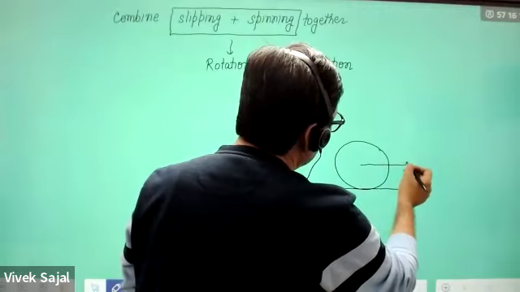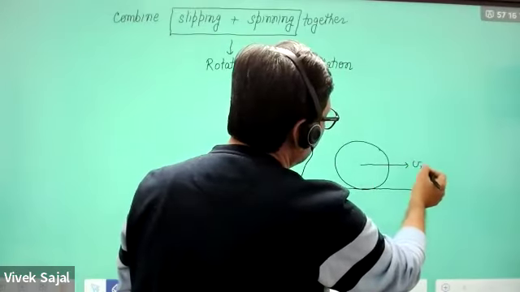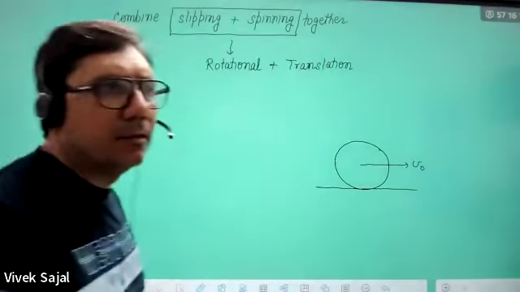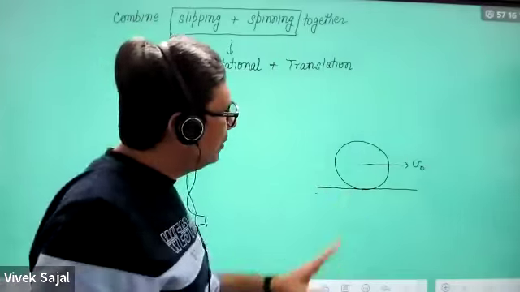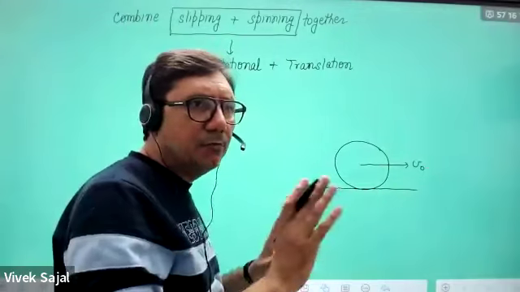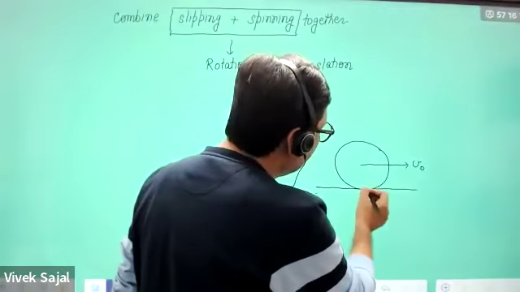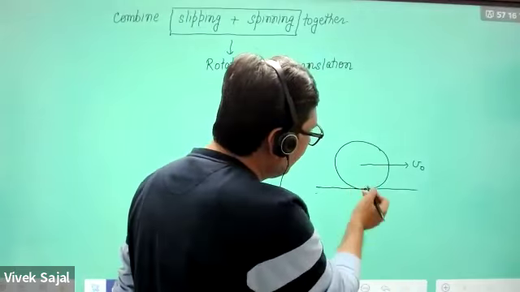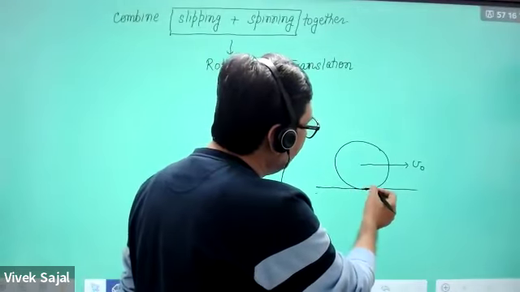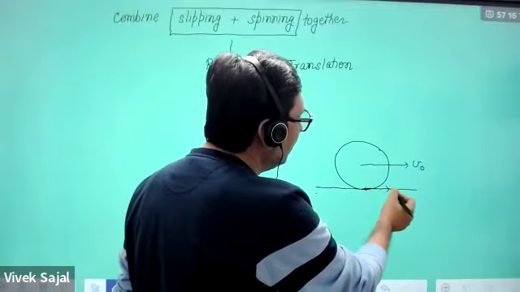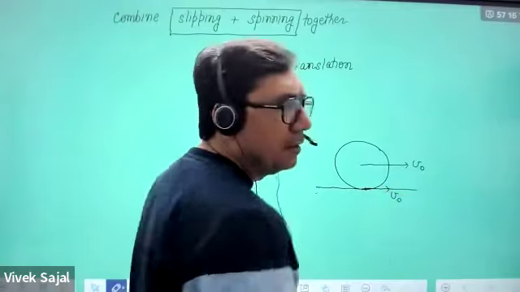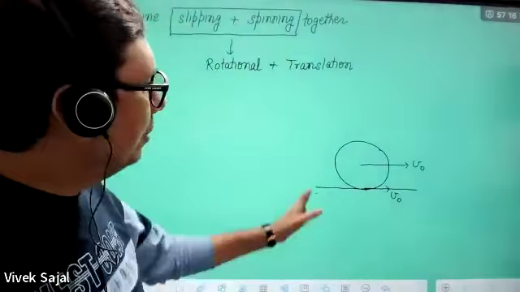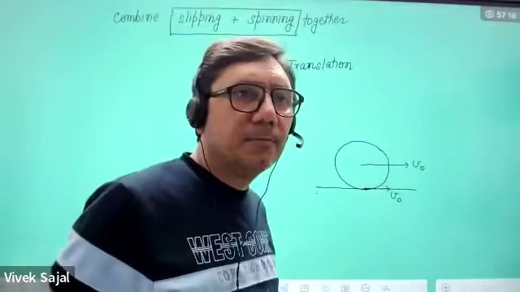This object is moving forward with a velocity v naught. So if there is no friction, assume there is no friction, then this lowest particle that is in contact with the surface is also moving in the forward direction. If there is no friction.